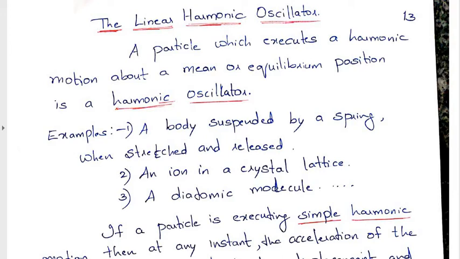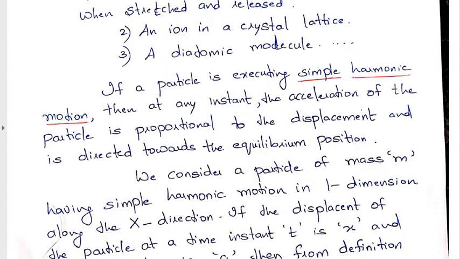An ion in a crystal lattice also will be having a harmonic motion about the equilibrium position. A diatomic molecule, which is another application that we will be considering a little later, is also another example.